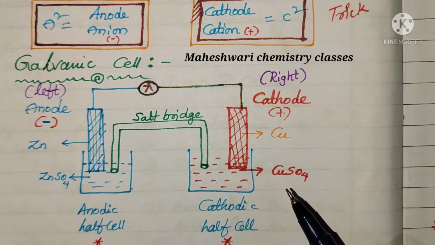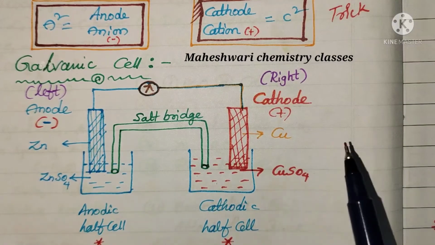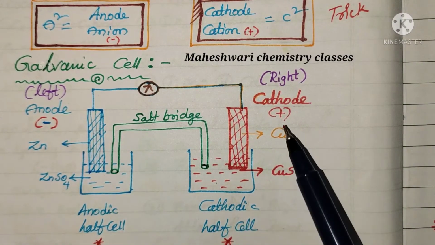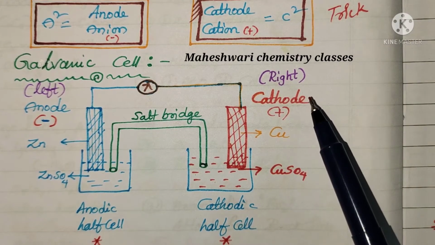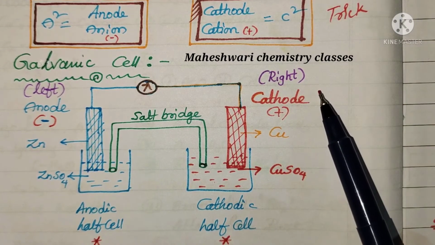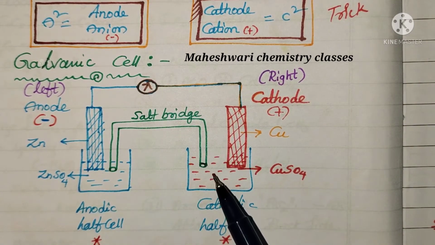The half cell containing negative charge is the anode, and the half cell containing positive charge is the cathode. Negative charge is on the left side, positive charge on the right side. For ion exchange purpose, this is the salt bridge.